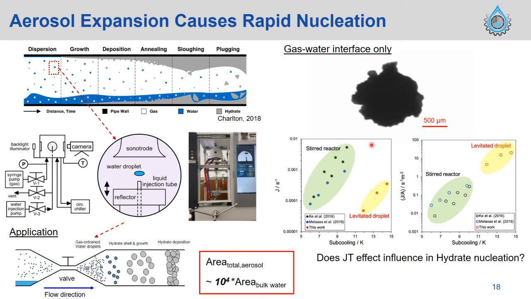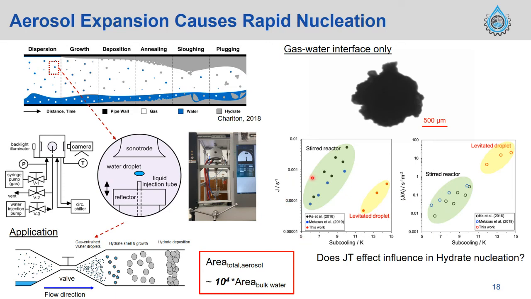So my question is, does the interfacial area or scale of the system affect hydrate formation? I got 3 data sets from the levitated droplet here, and I compared this data to bigger scales, for example stirred reactors from other studies. The interfacial area is about 200 times higher with this system.